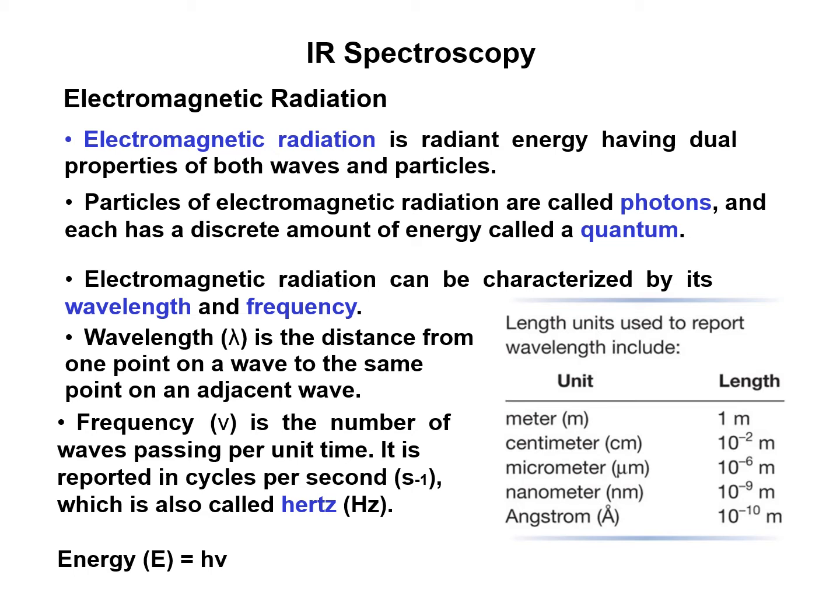Normally, we measure wavelengths from meter to angstrom, nanometer, micrometer, but most of the time from micrometer to angstrom. These wavelength and frequency are related in an energy formula, which is given as hν. We'll look at this formula later in one of the slides.